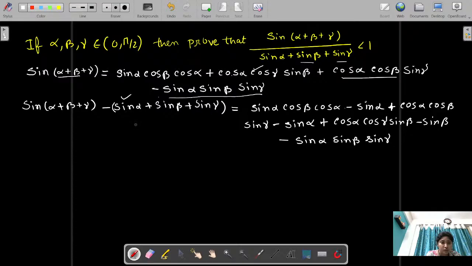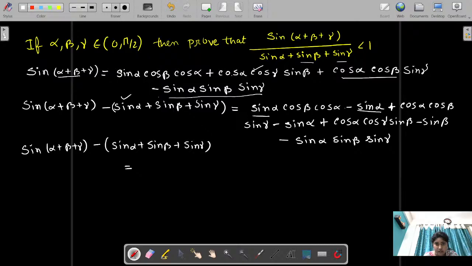Now this term I will write as it is: sine of alpha plus beta plus gamma minus sine alpha plus sine beta plus sine gamma equals. Now let us take common. This is sine alpha, this is sine alpha.